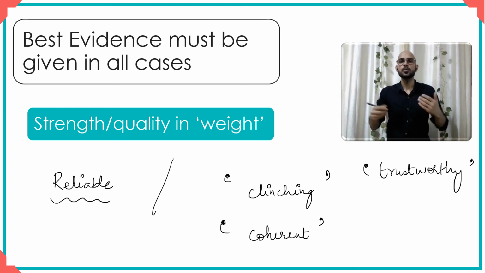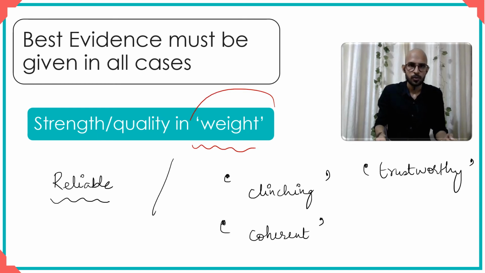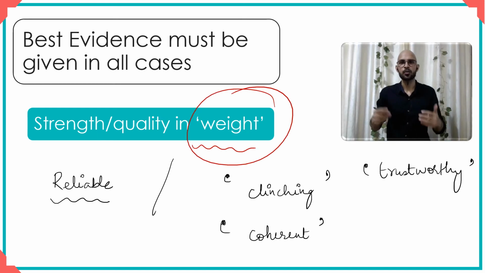So basically we are looking at the quality of the evidence, and let us say we have several pieces of evidence. Then we need to present the court with the best possible evidence that is available, right? And it's important for you to remember that this quality of evidence is spoken of in terms of weight. We understand that evidence is weighed and not counted.